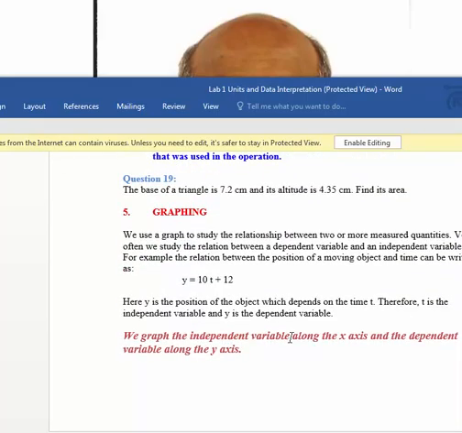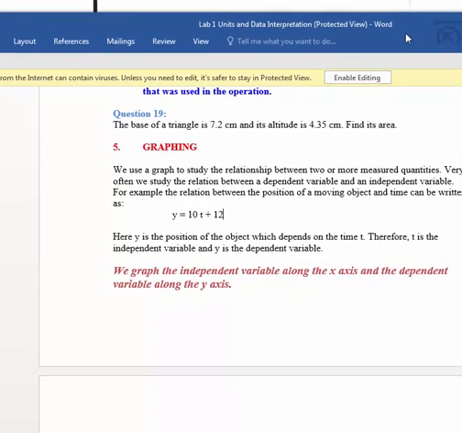Now, graphing is an important skill, and I will be emphasizing the method of graphing every time. Now, in here, you need to practice writing a given equation in the y equal to mx form. Now, how would you do that?